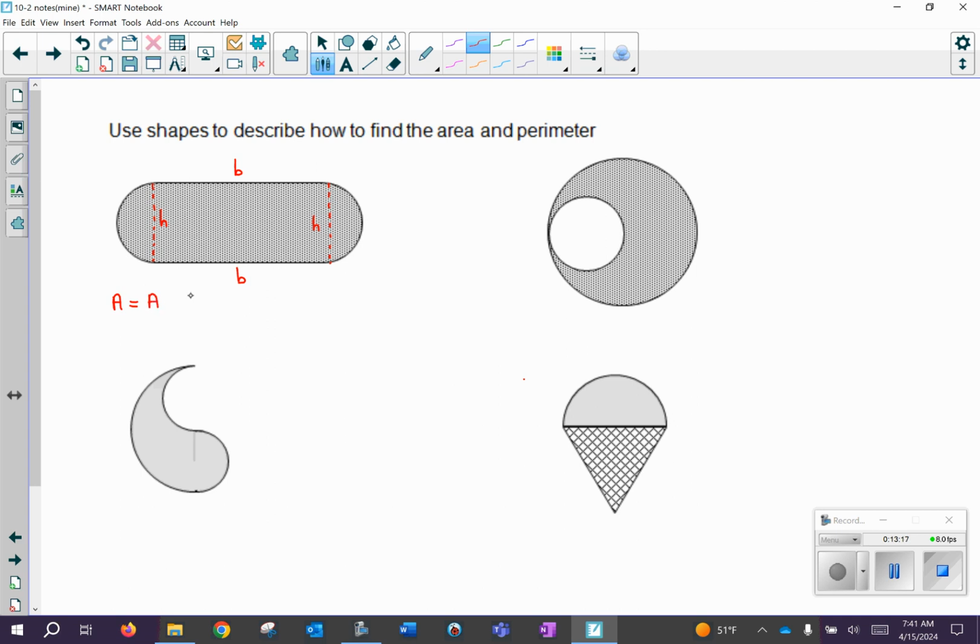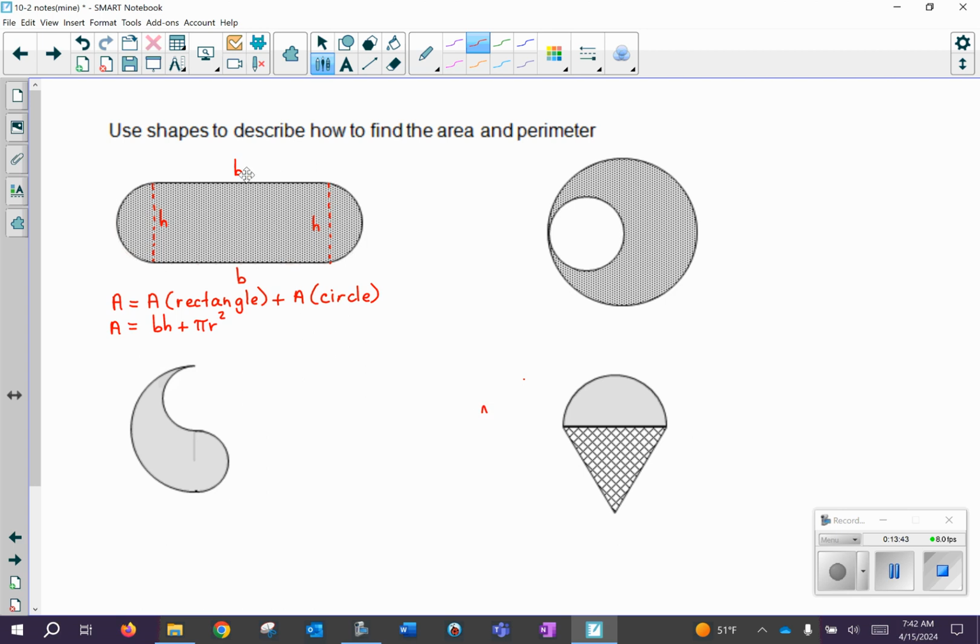So total area would be the area of the rectangle plus the area of the circle. So area of a rectangle is base times height, lowercase bh, plus the area of a circle is pi r squared, lowercase r.